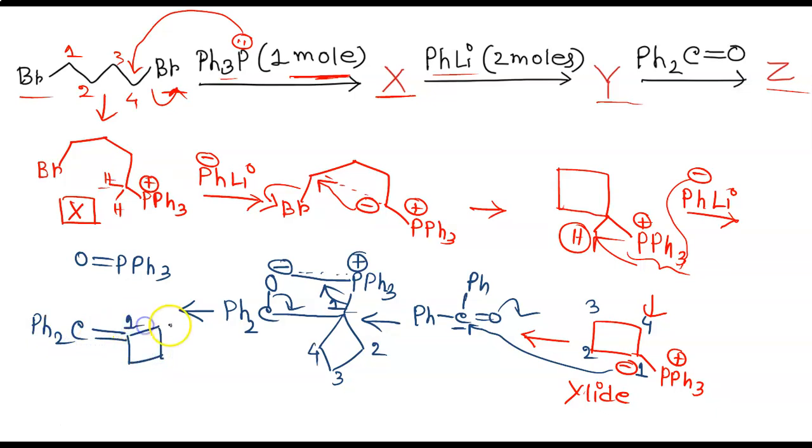So this is number 1, 2, 3, 4. Okay, so this will be the final compound, CPh2 attached as an exocyclic double bond, and this is Z. And which one is basically Y? This is Y. That is the ylide, that is actually the Y.